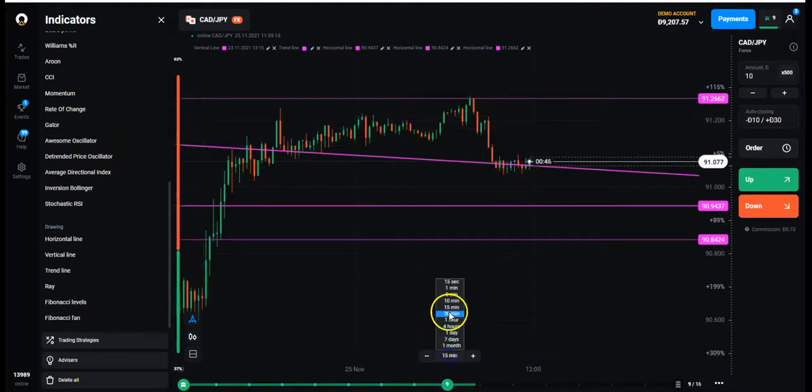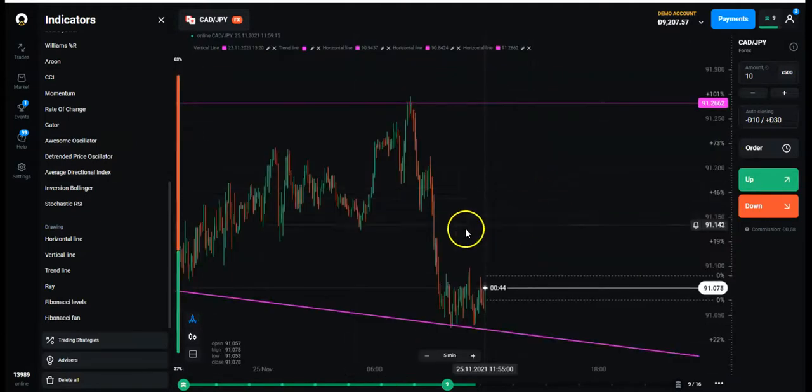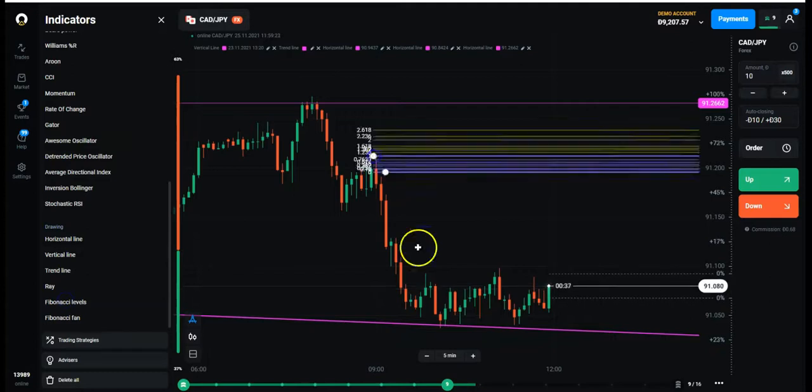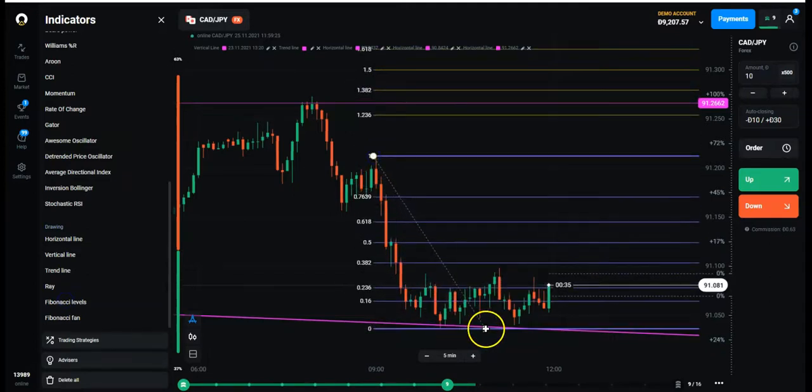If I just zoom in on a lower time frame, you can see there was a move. You draw a Fibonacci here from the high to the low on this swing point, and we can see that we've got the 61 level here.